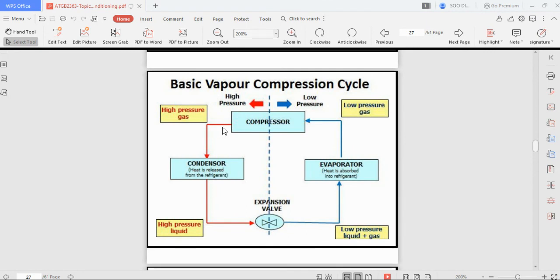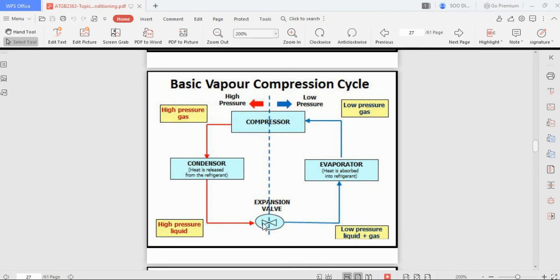When you compress it, it becomes something like a liquid, so that when it goes through the condenser, because it has a very high latent heat, you can easily release all this heat out into the atmosphere.